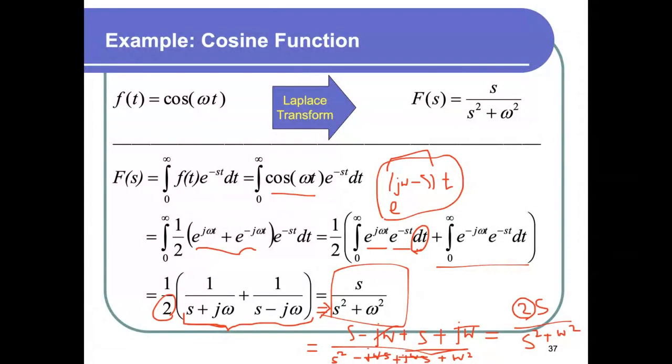Yes, Faisal. Doctor, once we integrate the second part of the equation, which is e to the power of minus j wt multiplied by minus e to the power of minus st, we should get 1 over j w plus s and a negative sign, right? Correct.